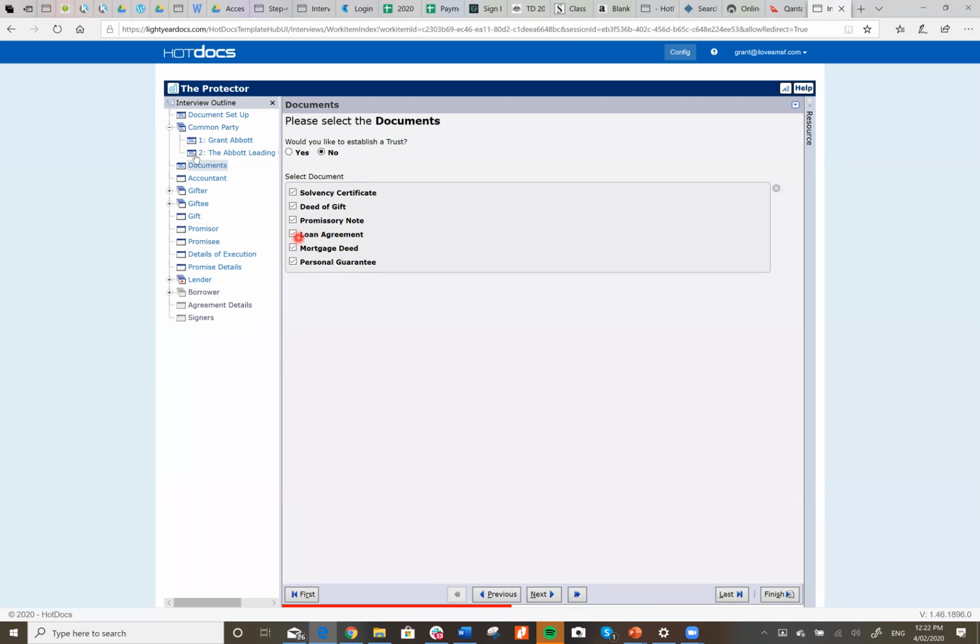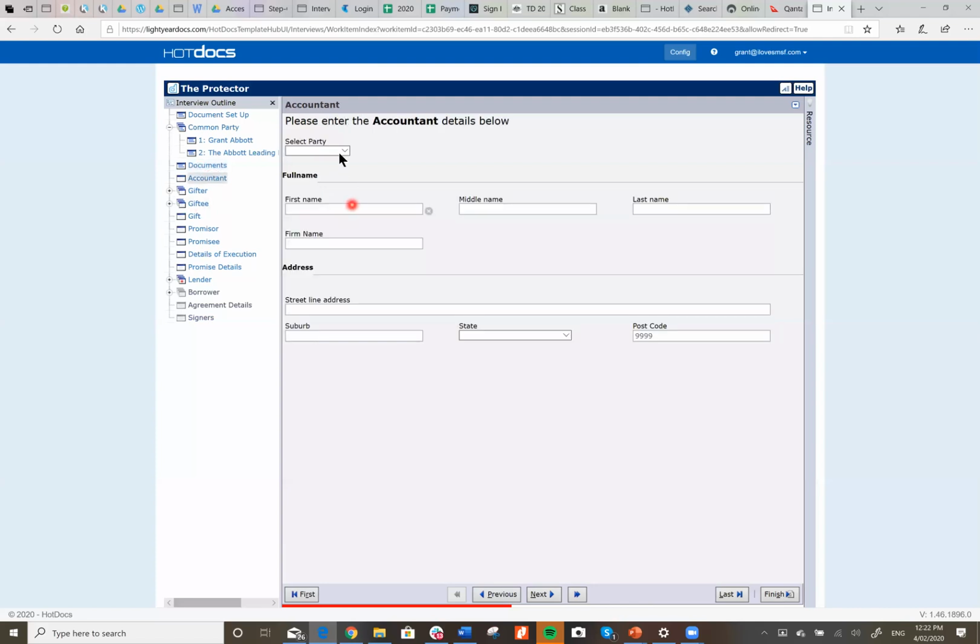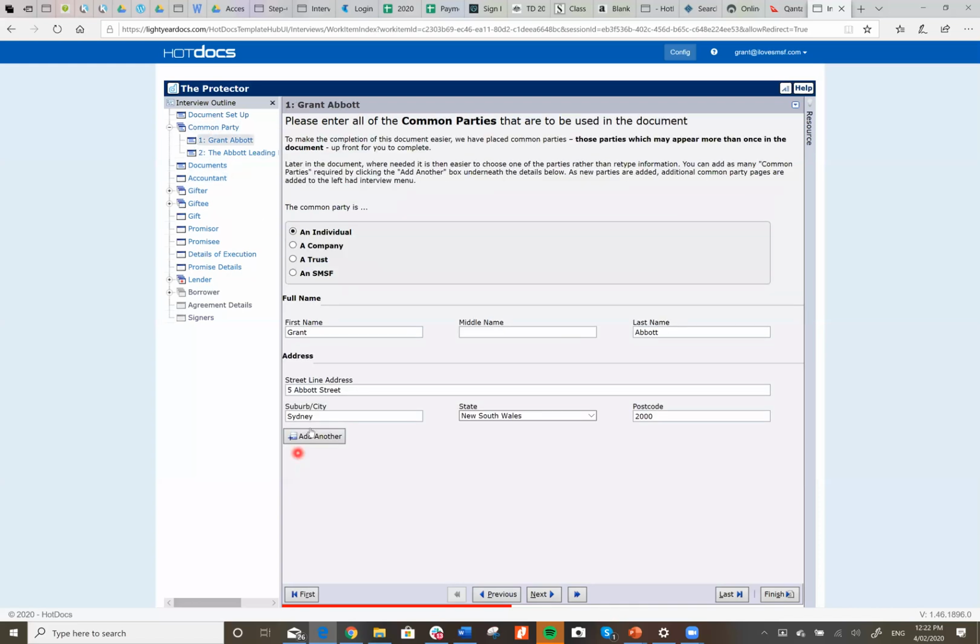And then we go through the documents. Now, obviously, we don't select a party. I could have put in a common party, or I could have added an individual accountant, at 5 Accountants Road, Sydney, New South Wales, 2000.